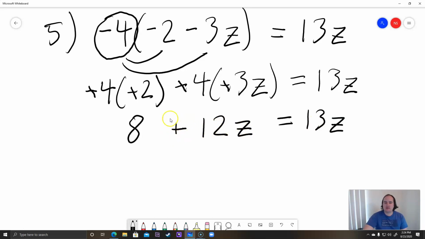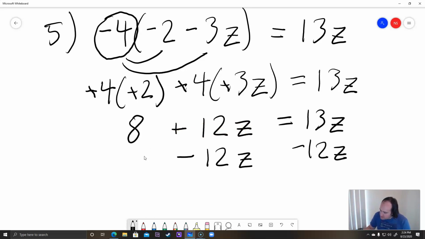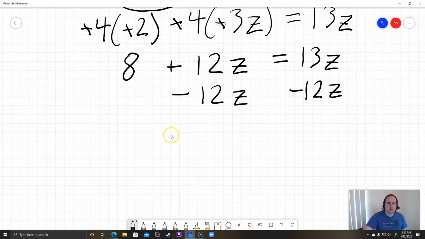So how do we get rid of a positive 12z? Well, what's the opposite of adding 12z? Subtracting 12z. So we're going to subtract 12z from both sides. Notice I have all the z's lined up, so I can easily do this subtraction.